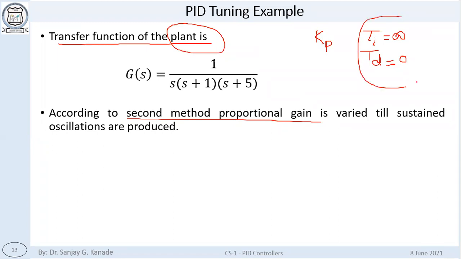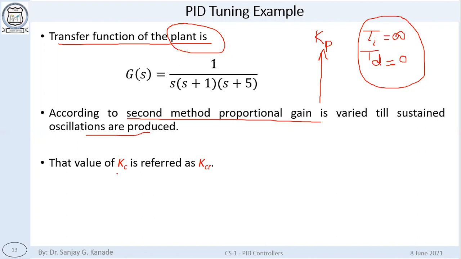These two are set in such a way that the integral and derivative components become 0 and only the proportional component remains in the controller. Now, this proportional gain Kp is varied till sustained oscillations are produced. Kcr is referred to as that value of K for which sustained oscillations are produced in the system, called the critical value of the gain.